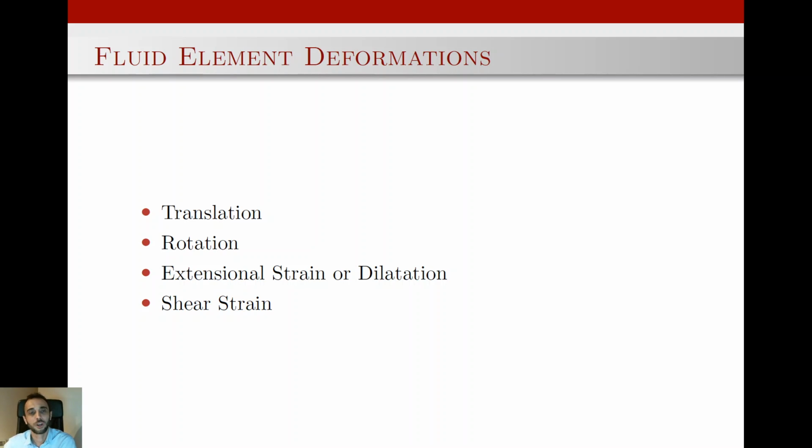In general, one can separate the fluid deformations into 4 categories, namely translational, where the fluid motions move like a rigid body from one point to the other; rotational motion, where the fluid elements rotate around an axis that passes through the element; and extensional strain, or dilatation, and shear strain, where the fluid element deforms its shape and its volume as it propagates from one point to the other.